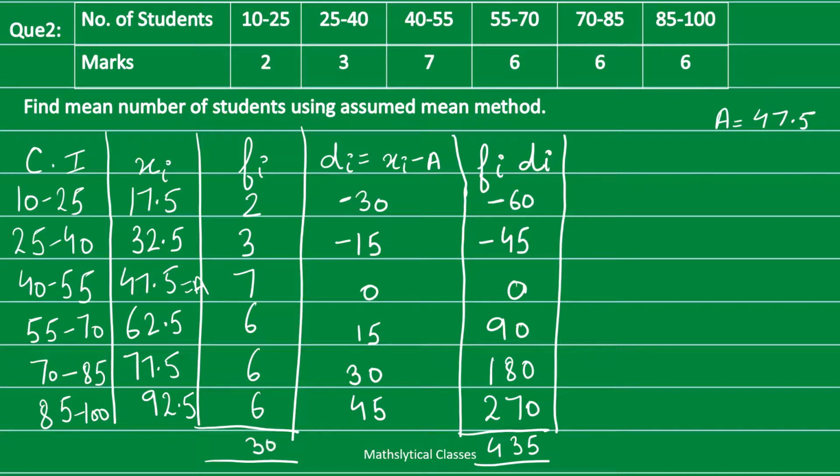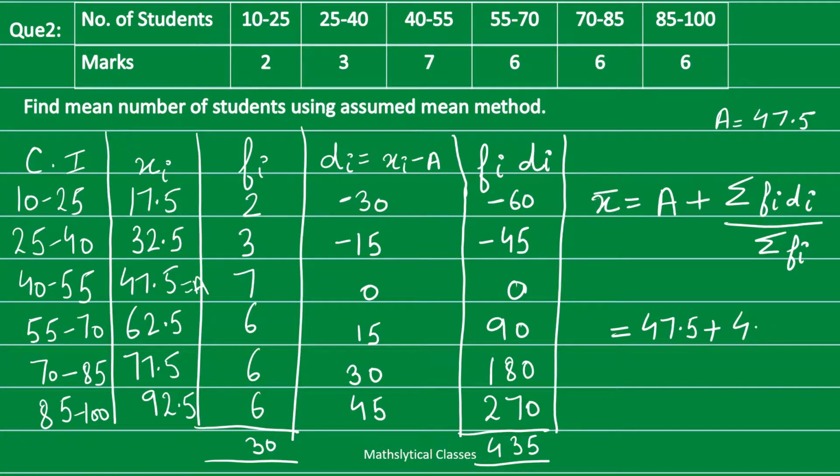Now just apply the formula. X bar is equal to A plus summation fi di divided by summation fi. So this is equal to, what is A? A is 47.5 plus summation fi di, this sum is 435, divided by 30.